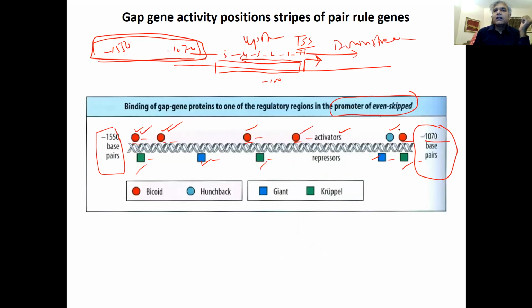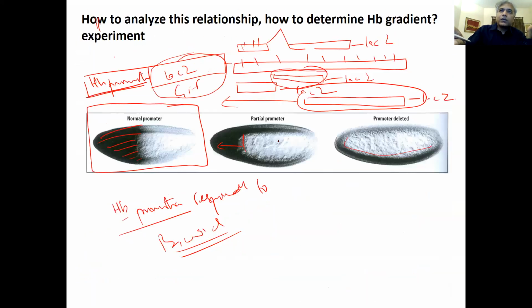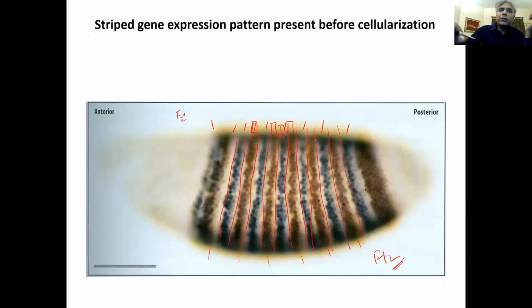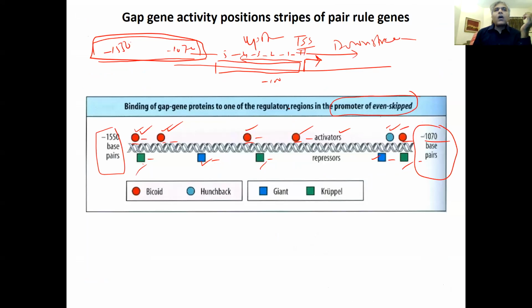Bicoid, hunchback, Kruppel, and giant. Or if we move to the earlier positions, we may come across nerves as well. It may also contribute. So we don't know precisely how many protein molecules of Bicoid should be there, what kind of effect it will have, and whether it will overrule these two repressive effects.